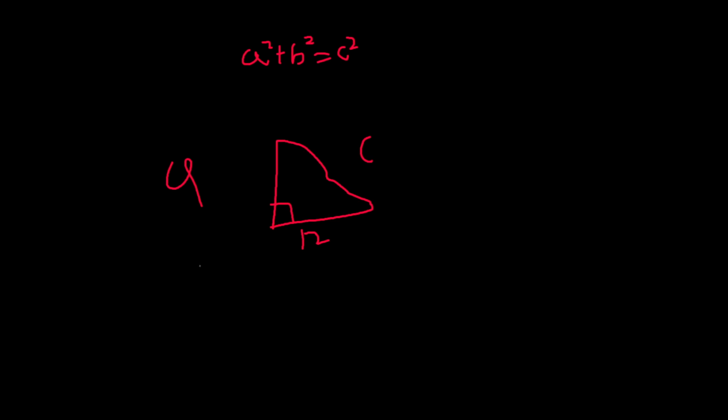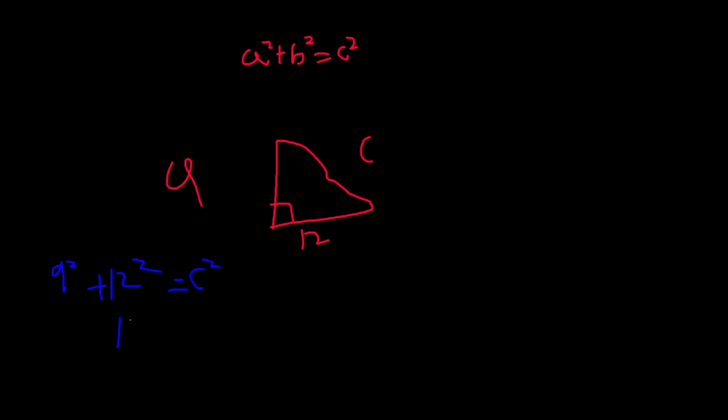So remember the formula, a squared plus b squared equals c squared. The next one, we're given a right-angled triangle again, this time with the measures of the legs being 9 and 12, and we're still trying to find c. So we're going to take 9 squared plus 12 squared, and we're going to get c squared.